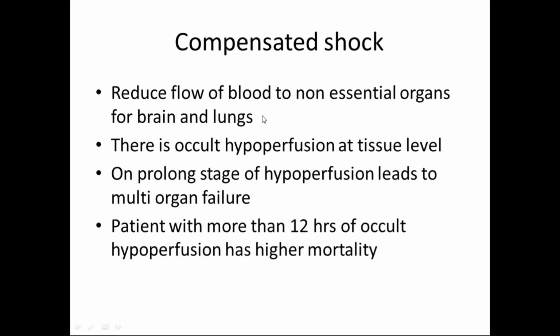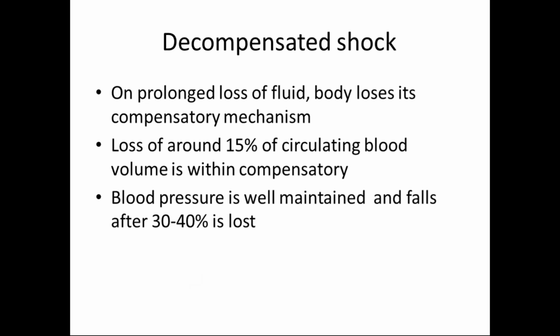There is acute hypoperfusion occurring at the tissue level. A prolonged state of hypoperfusion will lead to multi-organ failure. A patient with more than 12 hours of acute hypoperfusion has higher mortality.